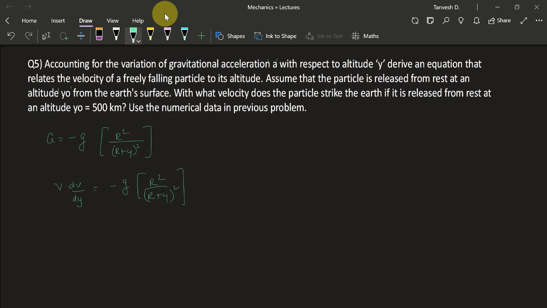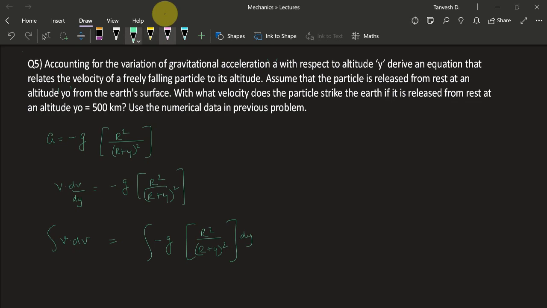Therefore integration of v dv is equal to integration of minus g r square upon r plus y the whole square into dy. Now the question is, what should be the limits for this integral?